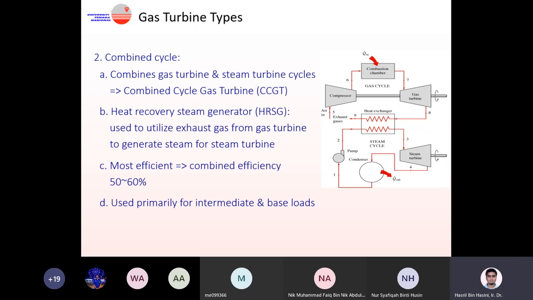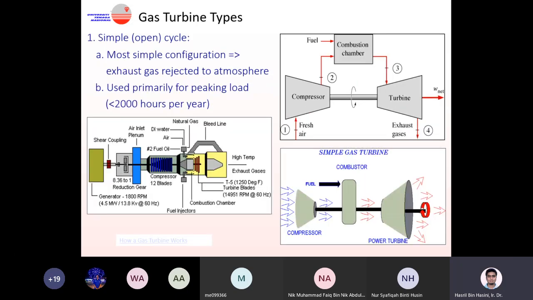If you look at this diagram, the top one is the gas turbine system, and the bottom one is the steam turbine system. Remember in the previous slide, in an open cycle gas turbine, after the gas turbine the exhaust gas is released to the ambient.